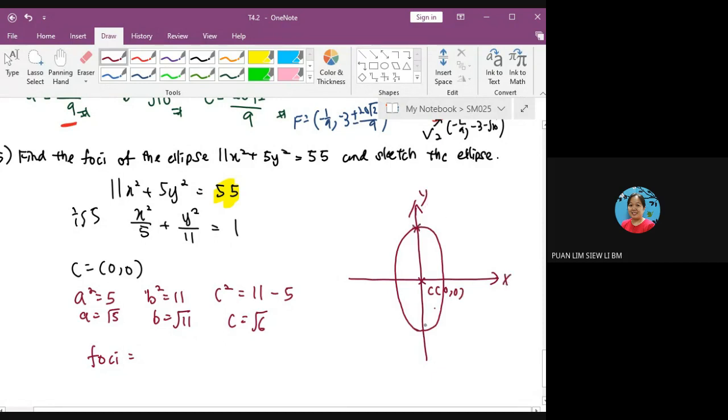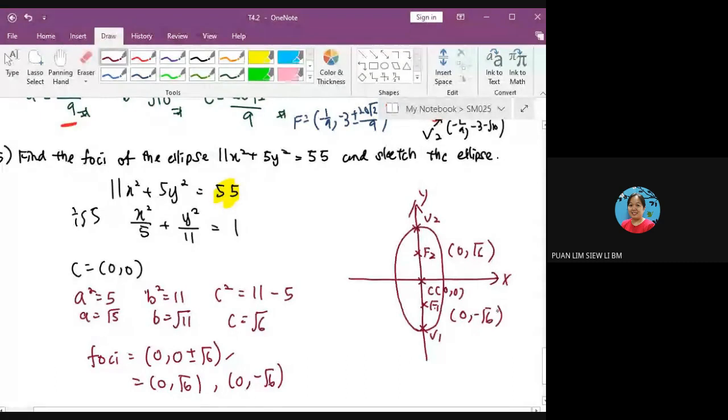Okay, vertex. Then focal point. So focal point dia macam mana? Focal point dia akan kosong, Y koordinat yang akan tambah tolak C. So dia ada 0, 6, lagi 1, 0, negatif 16. So mesti tunjuk keluar koordinat ya, you jangan biar dalam calculation macam ini. 16, this one turun negatif 16, siap.